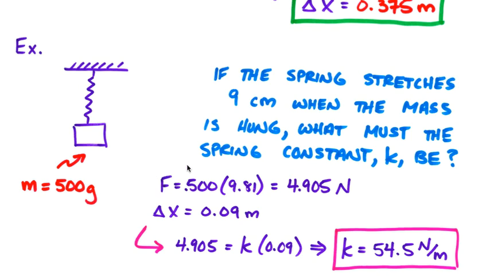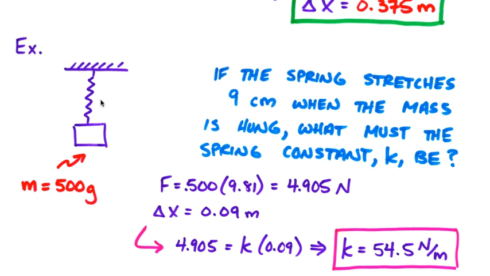So the force is going to be the 500 grams converted to kilograms, 0.500, times the acceleration due to gravity, and you'll find that that spring is being pulled by a downward force of 4.905 newtons. We're given that the displacement of the spring is 9 centimeters or 0.09 meters. And when I plug everything into Hooke's law, the only unknown is the k value, and I can therefore determine that this spring must have a k value of 54.5 newtons per meter.